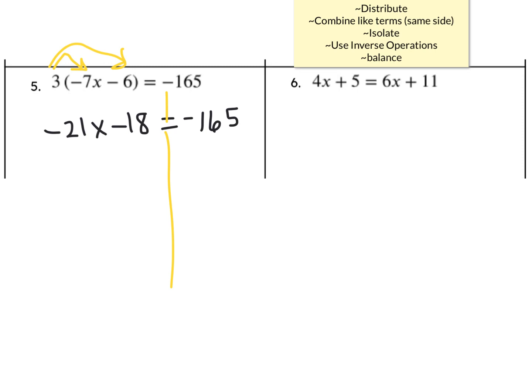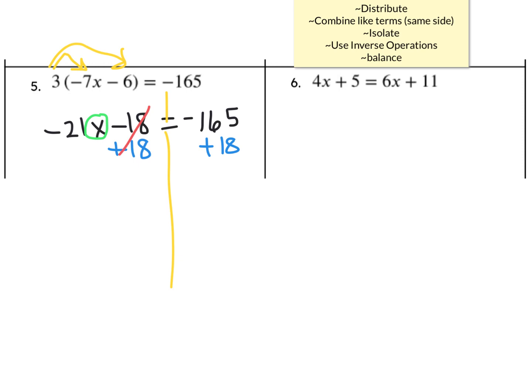Okay, next up, I combine like terms on the same side. I don't see any. So we're moving on to isolating the variable. Here's the variable. So it's negative 21 times x minus 18. So I want to clear out this minus 18 first on both sides. Remember to keep the balance.